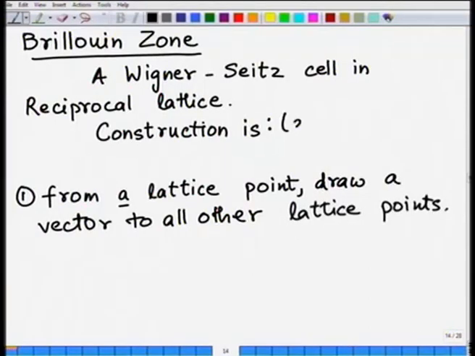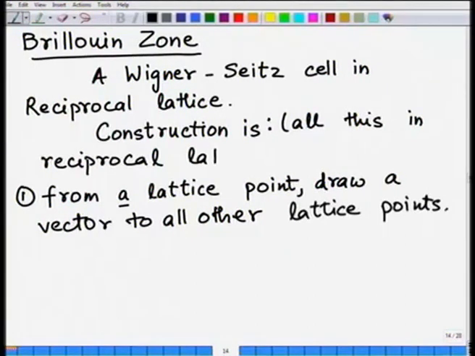By the way, all this is in the reciprocal lattice. So, from a lattice point, draw a vector to all other lattice points, infinite number of vectors like this.